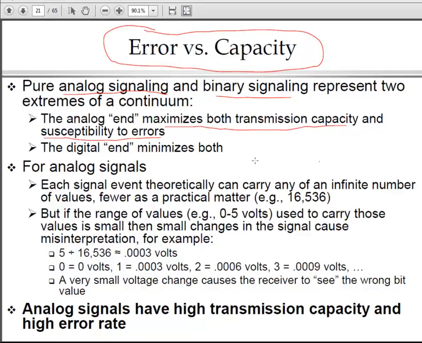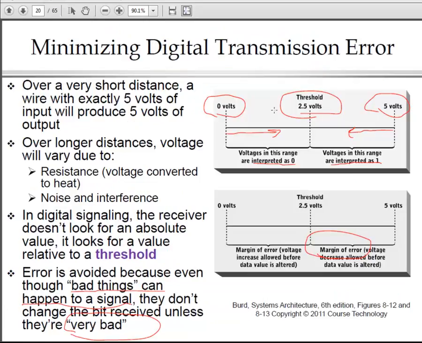It takes me many more signal events to carry that value than it would if I could take that value and just encode it in one analog signal event. Okay. So my data transmission capacity is significantly less, but my susceptibility to errors is also significantly less because I've got this concept of a threshold and I've got the slop factor, or the margin of error, built in.